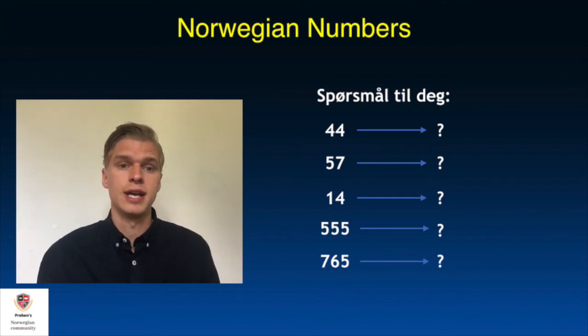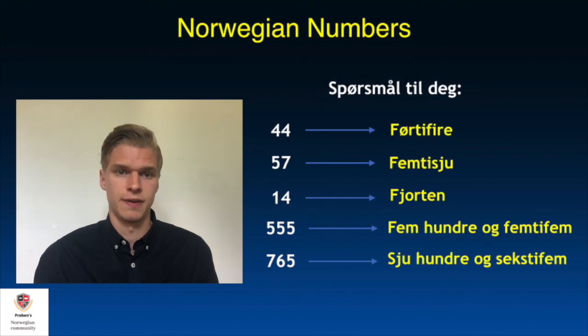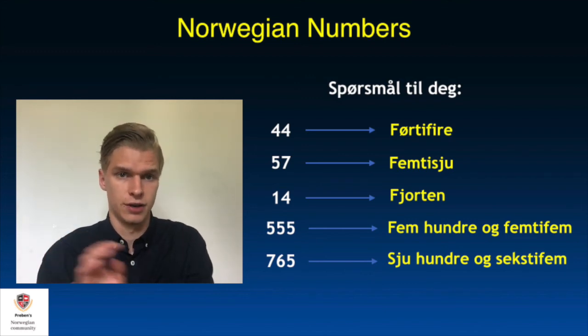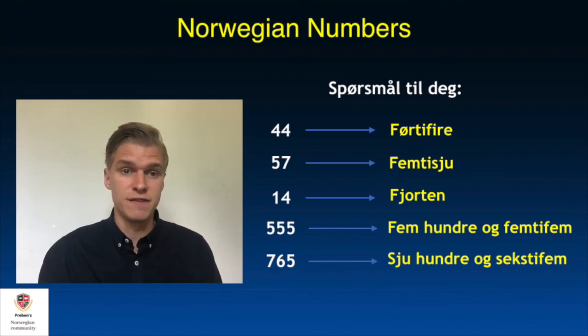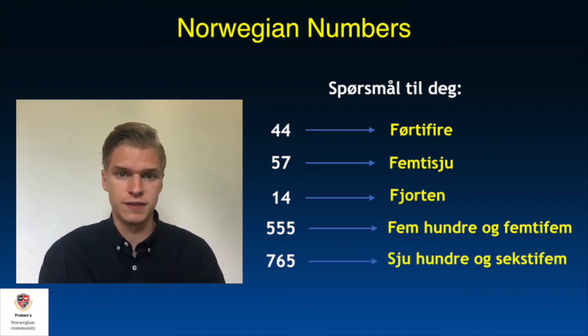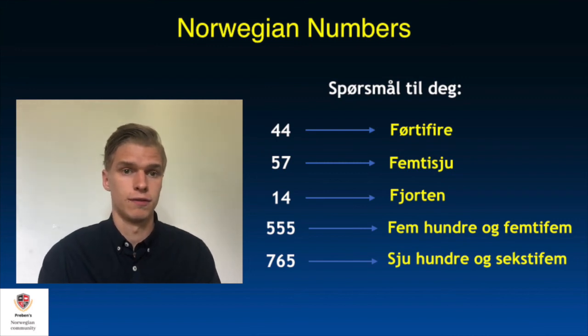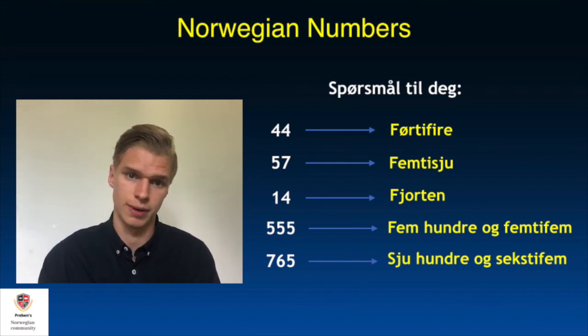So you see here the numbers are 44, just 40 and 4, a combination of those two. 57, a combination of 50 and 7. 14, you just have to remember that one.